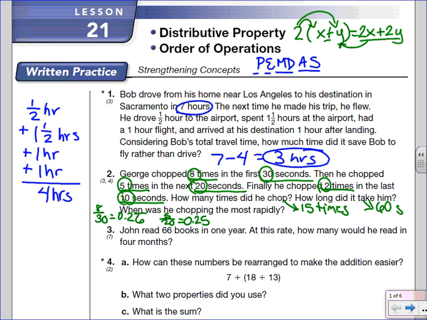And then 2 divided by 10 is 0.2. So if we compare 0.266 repeating, 0.25, and 0.2, 0.266 repeating is the biggest number, which means that's the most chops per second. So he was chopping most rapidly during the first 30 seconds.